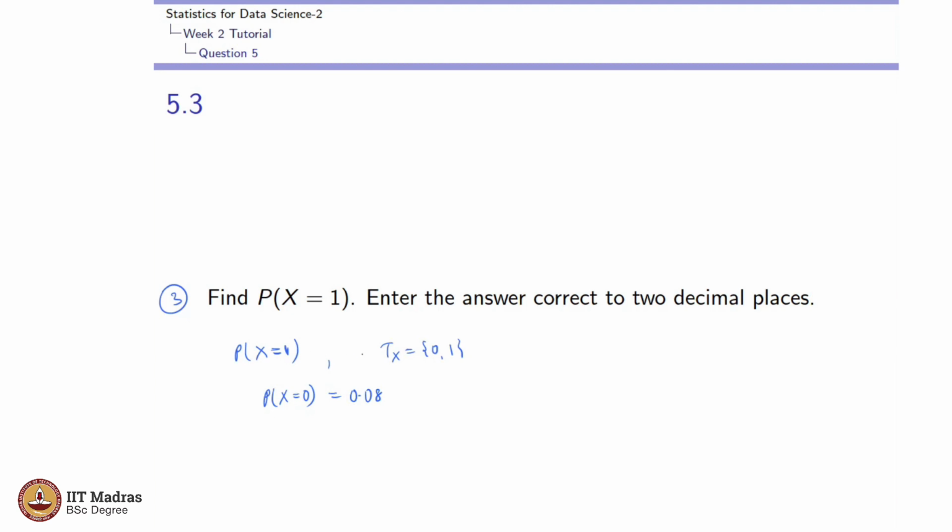Since X is taking just two values, 0 and 1, the probability that X takes the value 1 is 1 minus the probability that X equals 0. This is 1 minus 0.08, so this is going to be 0.92. This is your answer.